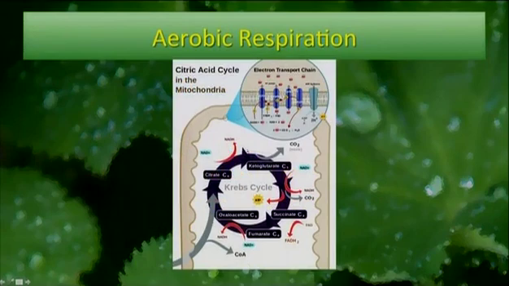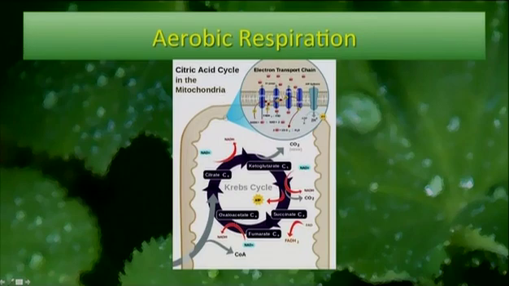So here we are looking at the citric acid cycle, or the Krebs cycle, in the mitochondrion. Here you have coenzyme A being given off, and the acetyl group enters the Krebs cycle here. It is a cyclical pathway, just like the Calvin cycle, in that it regenerates the same molecule that it starts with, which in this case is oxaloacetate.